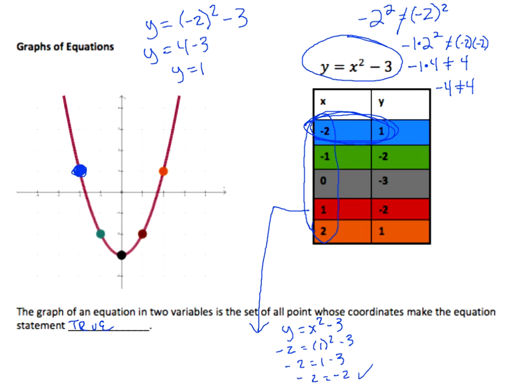There's the true statement we're talking about. So if a point makes the statement true, it's on the graph of the function. If a point is on the graph of the function, it makes the statement true. We call all of these solutions that we are generating.